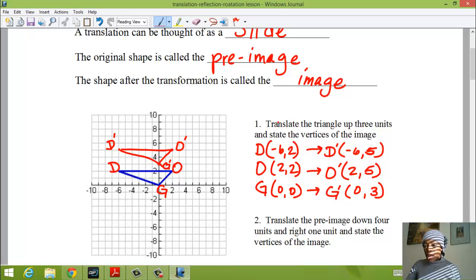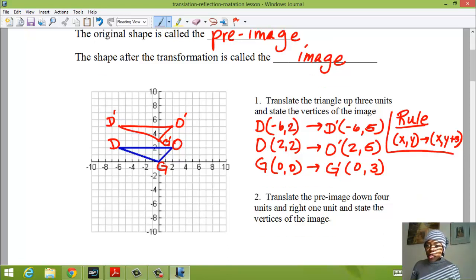So if you see what I see, the rule here would be that if you start off with coordinate x, y and you're doing a translation for this particular scenario, x stayed the same and y becomes y plus 3. The image is whatever the y coordinate was plus 3. And you should be able to see that in each case. So that would be the actual rule.